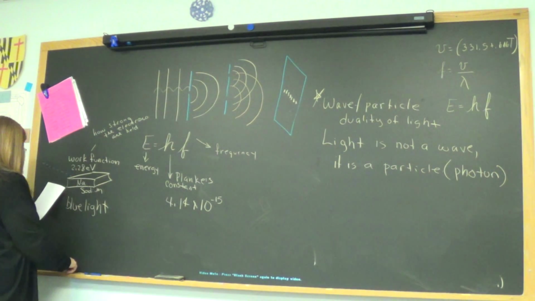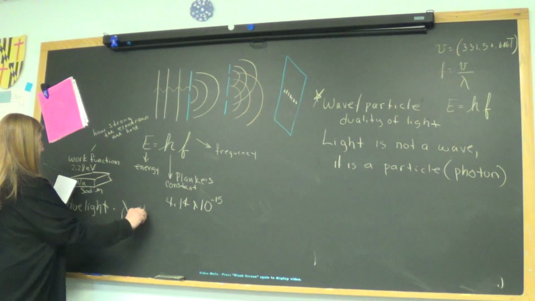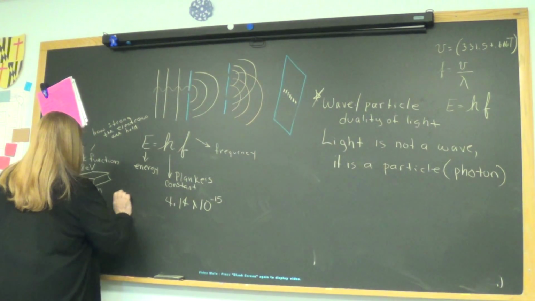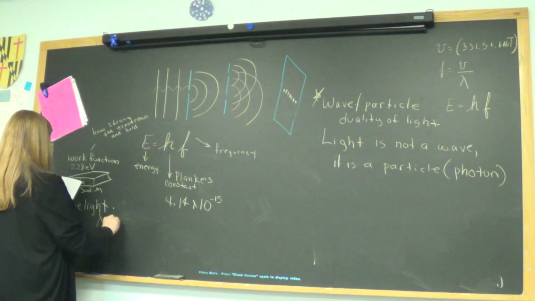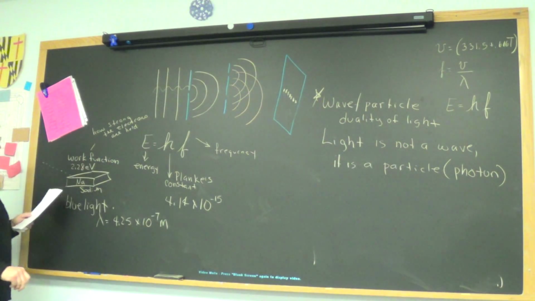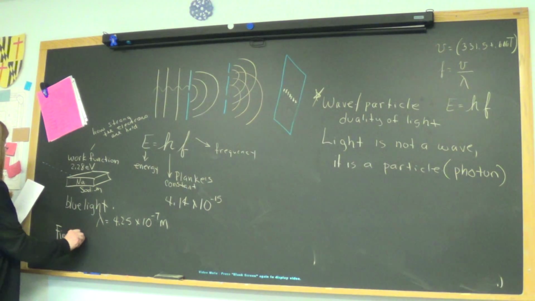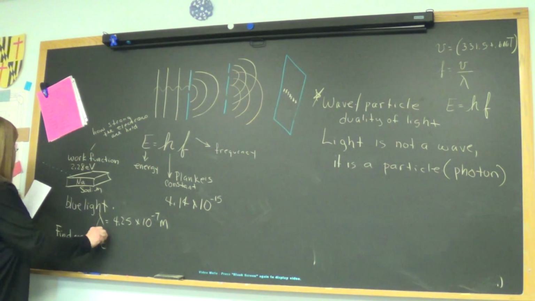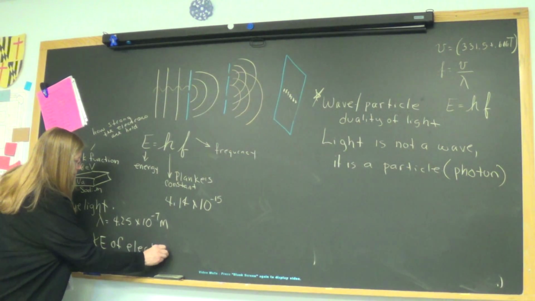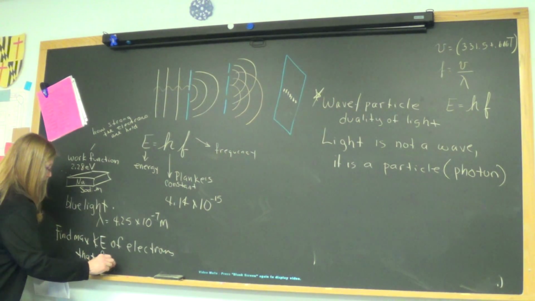So here comes the blue light. We know blue light has a wavelength lambda of 4.25 times 10 to the minus 7 meters. And we want to find the max kinetic energy of the electrons that fly off. Those are the photoelectrons.